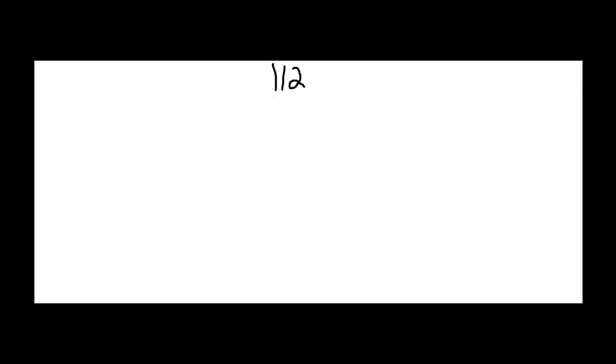But anyway, that's 112. Now this is an 8-bit number system, so you're going to have to put your 8 numbers. If you're new here and just starting out, your 8-bit numbers are 1, 2, 4, 8, 16, 32, 64, and then 128, and that's your 8-bit number system.